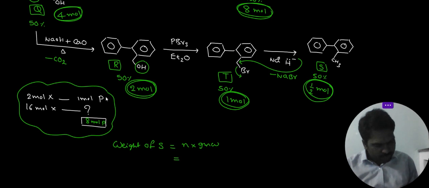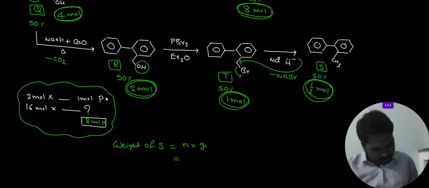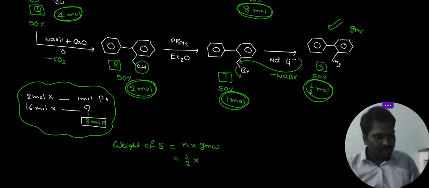How many mole? 1 by 2 mole. And its gram molecular weight, you can calculate, you will get 168 grams.